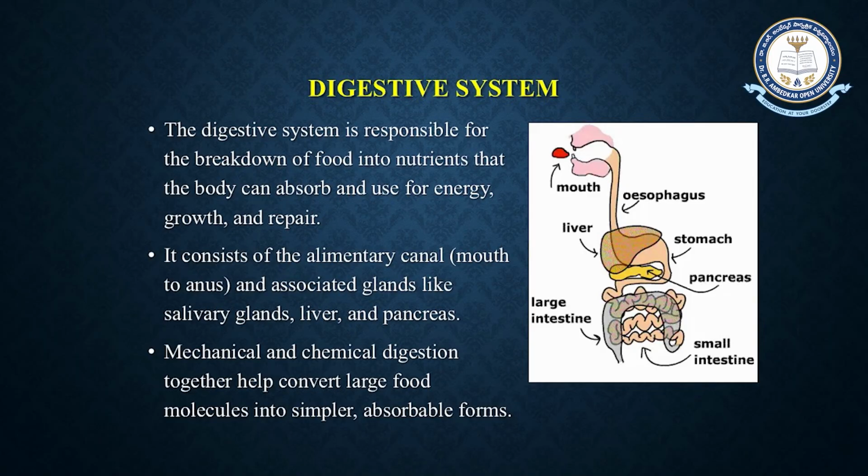Now moving on to the digestive system. The digestive system is responsible for breakdown of food into nutrients that the body can absorb easily and use for energy, growth, and repair. It consists of the alimentary canal, which starts from your mouth down to the anus, and it is associated with different glands and organs like liver, pancreas, gallbladder.